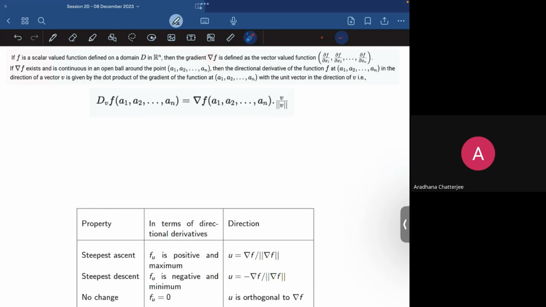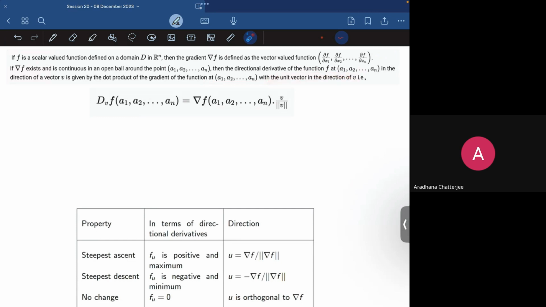Okay, so now the directional derivative of a function at some point. This is a point in this n dimensional space because we have n values in the coordinates. Here the directional derivative of the function f at this point in the direction of some specific vector v is given by the dot product of the gradient, grad f at this point, so we are evaluating it by inputting these values, with the unit vector in the direction of v.